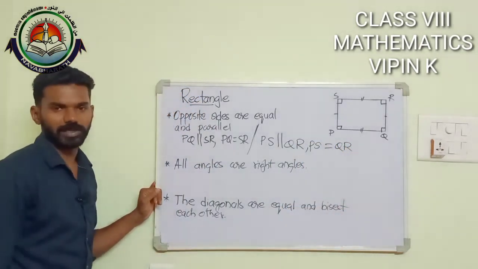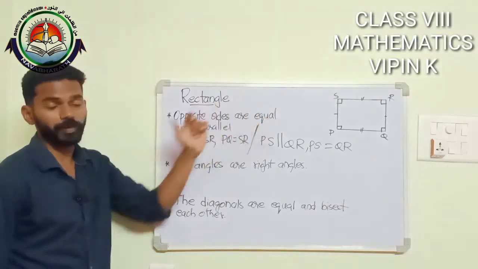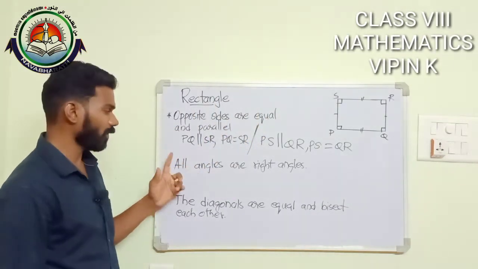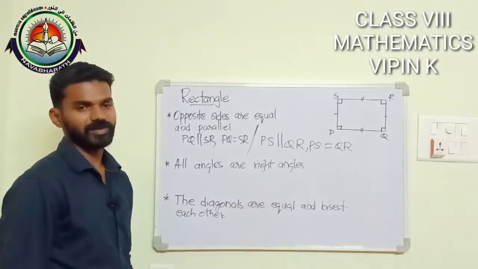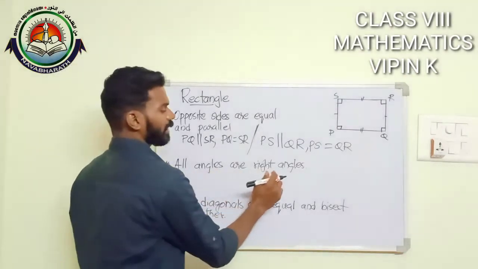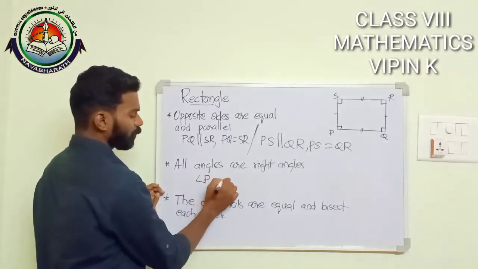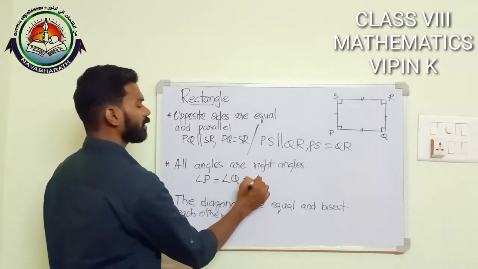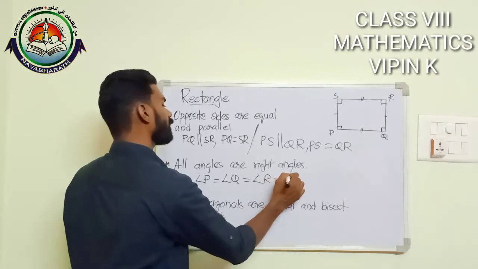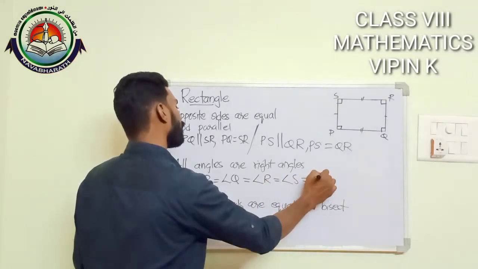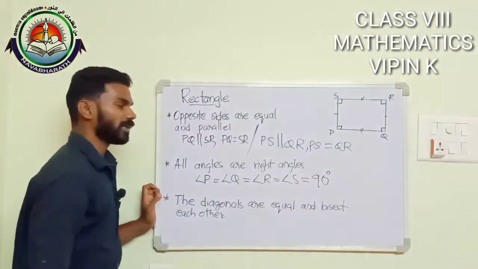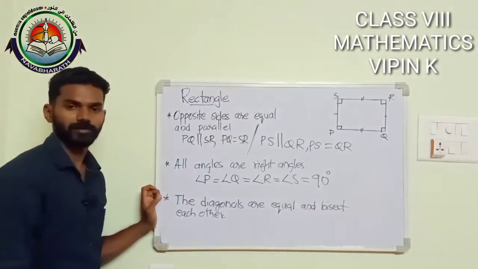This is the first condition for it to be a parallelogram. Now for it to be a rectangle, all the angles are right angles. Angle P equals angle Q equals angle R equals angle S, and all of these angles are 90 degrees.